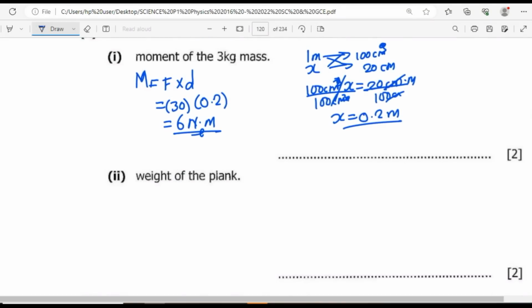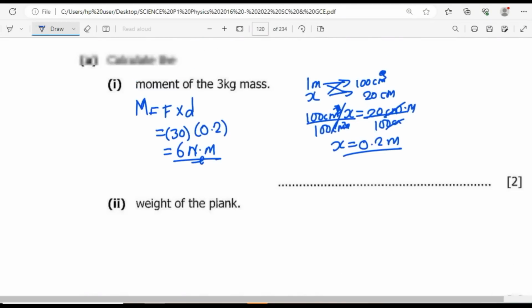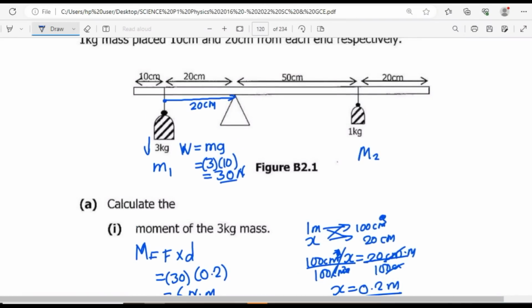Then for the weight of the plank, let's find moment 2. First let's find the weight for 1 kg. Weight is equal to mass times gravity, which is 1 times 10. Now the distance here is 50 centimeters. If we divide 50 by 100, you get 0.5, our distance.